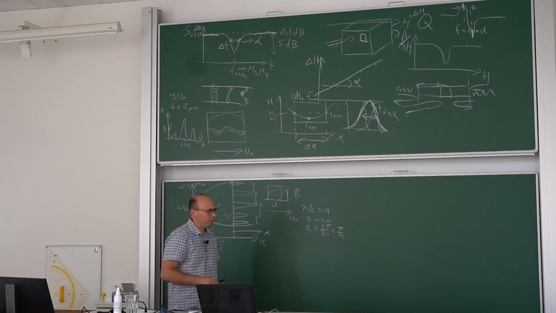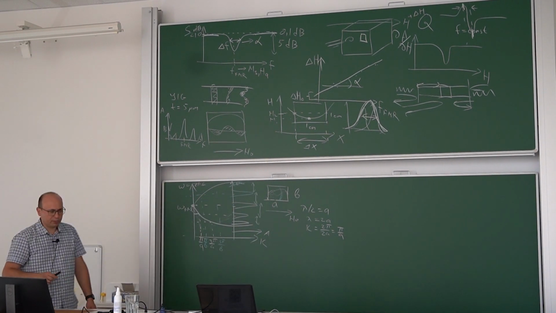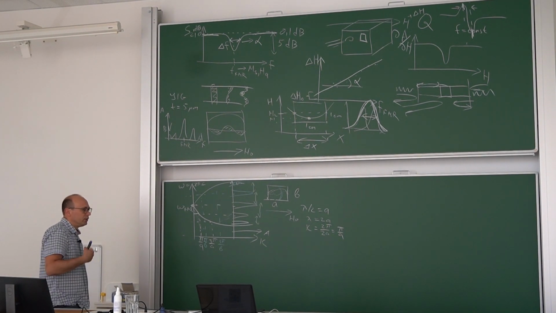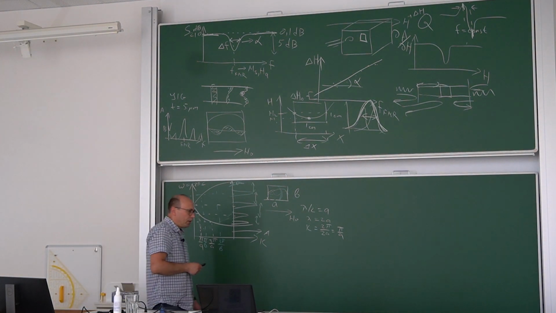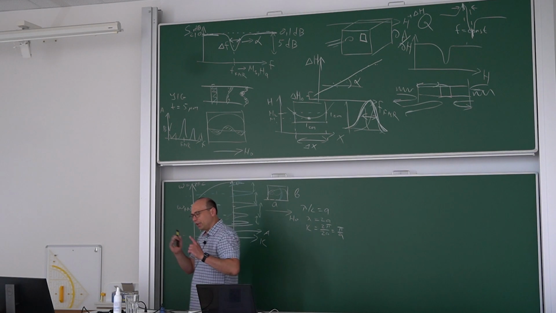But then this case of widening might be less important. There is a paper, actually I need to find it, but I heard that there's a paper of Resende, who has shown that if you do FMR and you put your sample in a non-uniform field, then the FMR line width doesn't broaden.